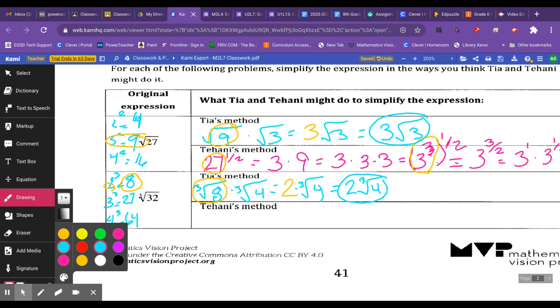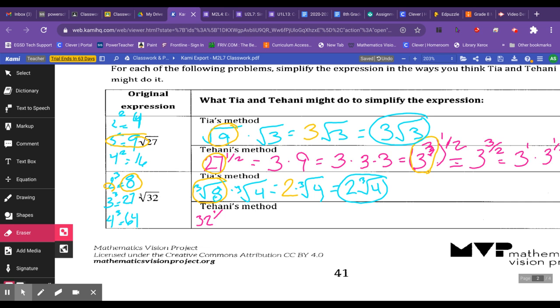All right, so Tahani, let's put this into a fraction. We have 32. 1 is my exponent. 3 is my root. So it's a 1/3 power. Well, 32 we need to put into prime factorization. 2 goes into it, 2 times 16.